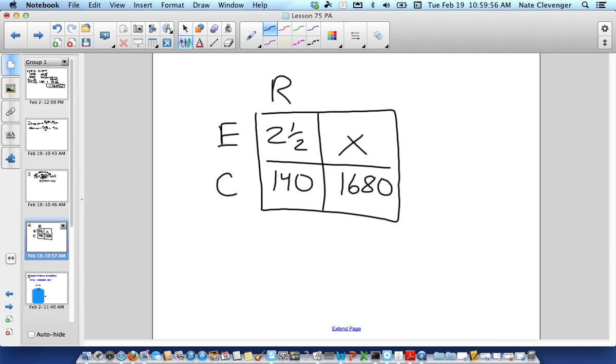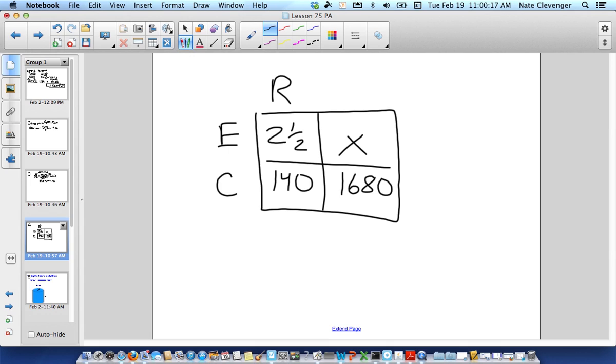So to solve that, we do the butterfly method. But is there a shortcut? We can use calculators now, right?